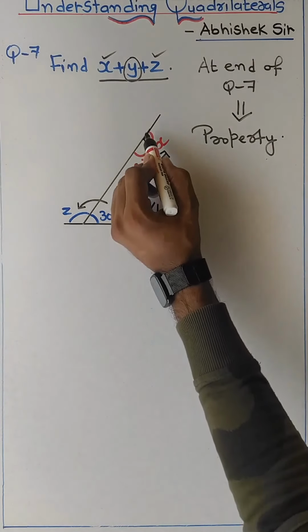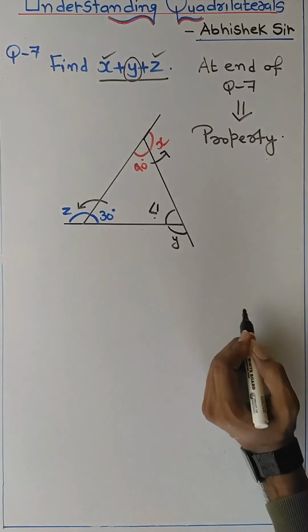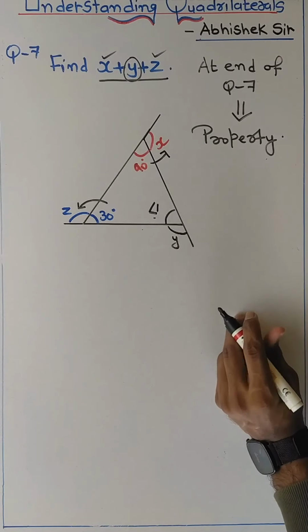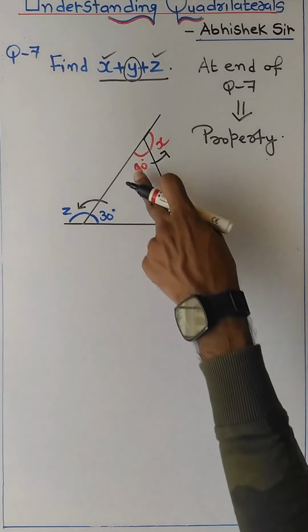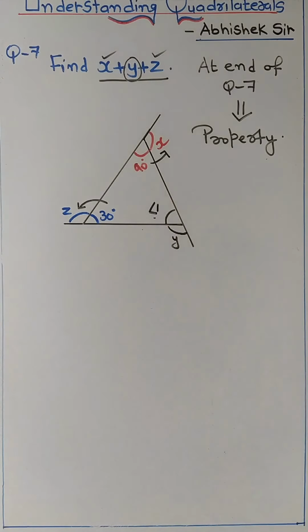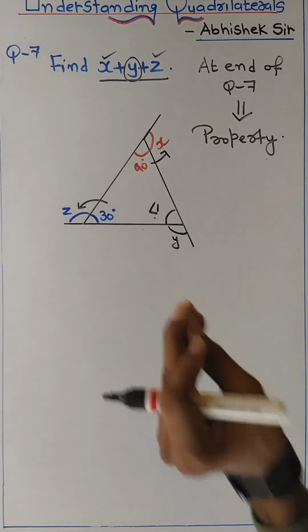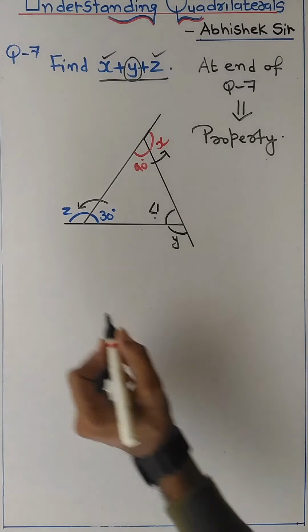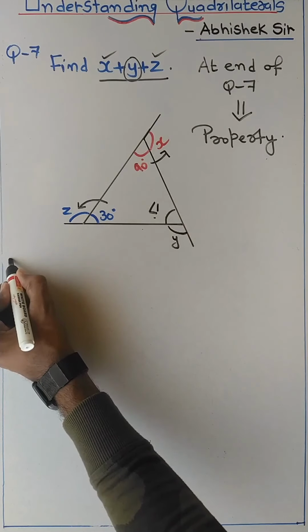But you see, this is a triangle, so can we use angle sum property of triangle in which two angles are given, and let us find out this angle and then use linear pair, right? So thinking, even if it is confusing, let us go for the solution, right? So let us find out the first step.